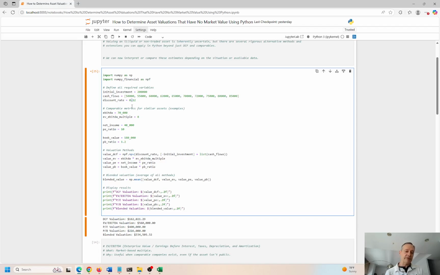So you can actually make a profit if you know you can get this asset for 150,000, then you're going to have a positive DCF, a positive IRR, the internal rate of return is going to be positive, and it's actually worth more than the market price, right?